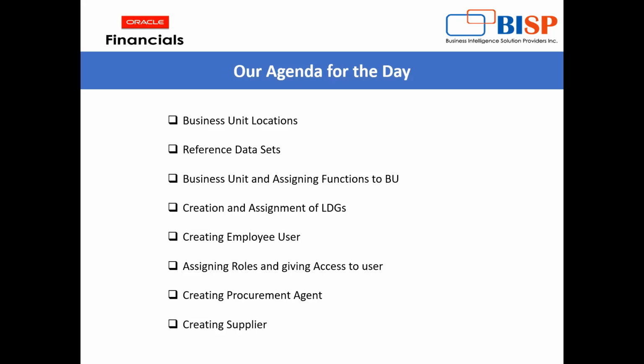So you need not create the business units again. But to get a better clarity, we'll see how the business units are created in the applications. Before we create the business units, we'll see how the locations are created.